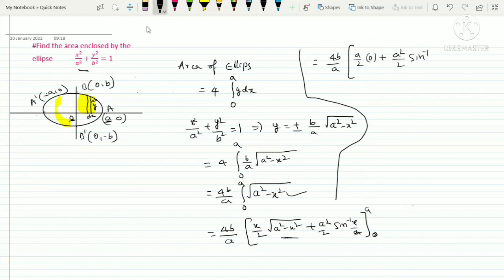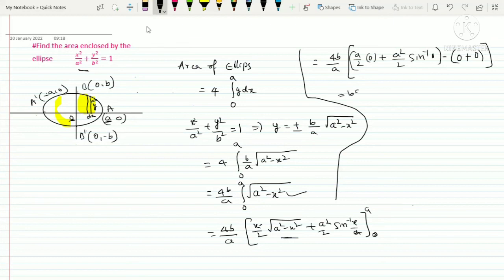That is a by a, which is 1. This is the upper limit. Then the lower limit is 0. With x equal to 0, 0 into anything is 0, plus a square by 2 sine inverse 0. What is sine inverse 0? That is also 0.